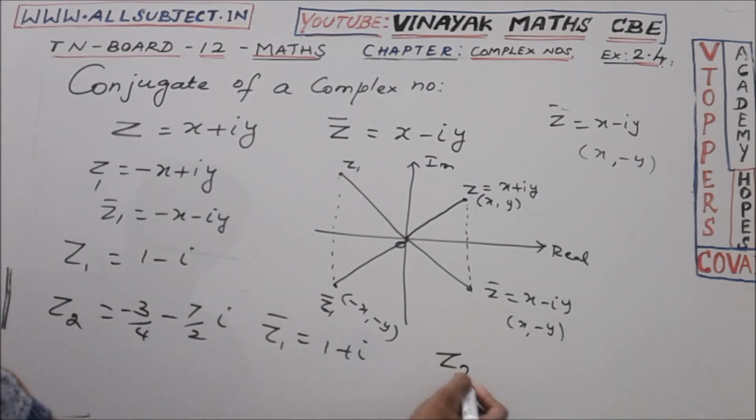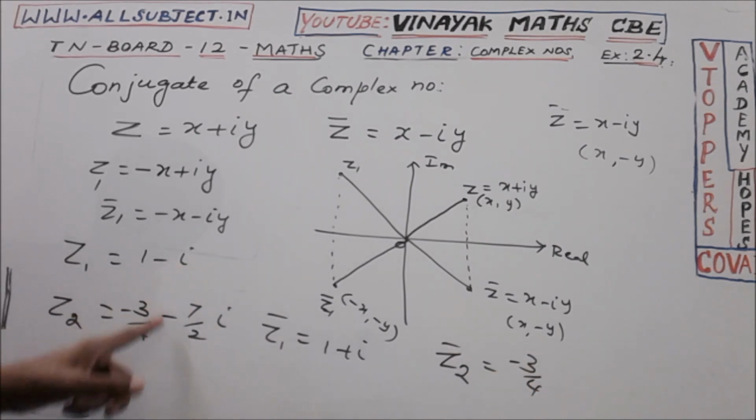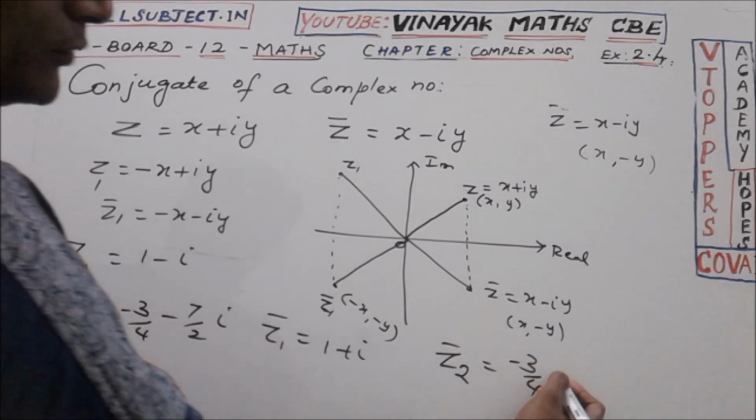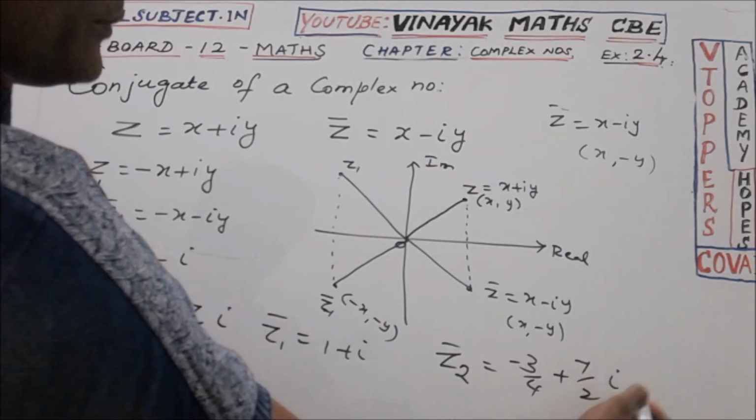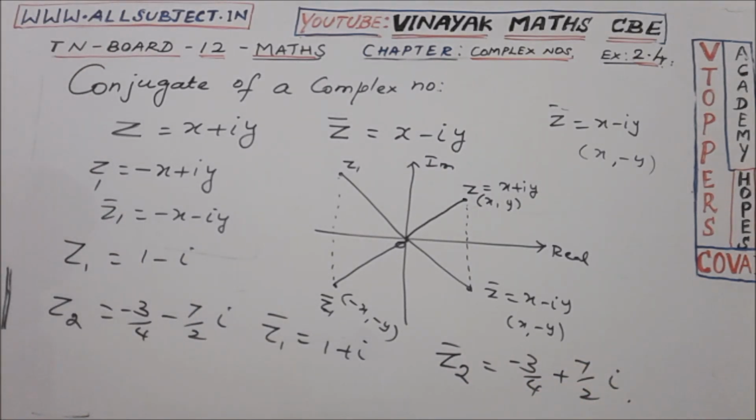Then z2 bar will be equal to minus 3 by 4 plus 7 by 2i, with the sign changed. This is known as the conjugate of z1 and z2, examples given here. Now we have some properties related to the conjugate of a complex number.